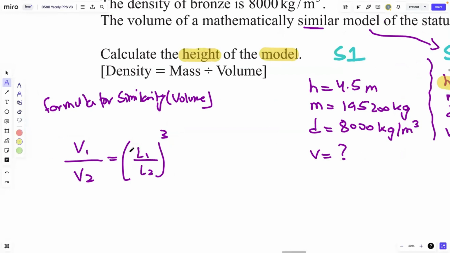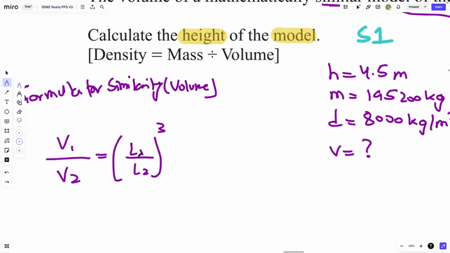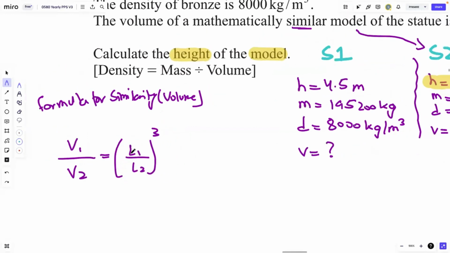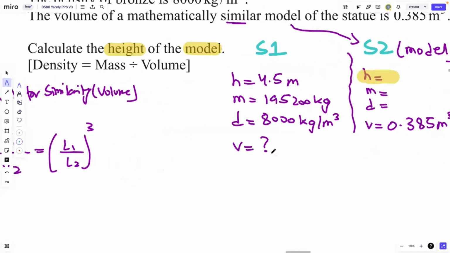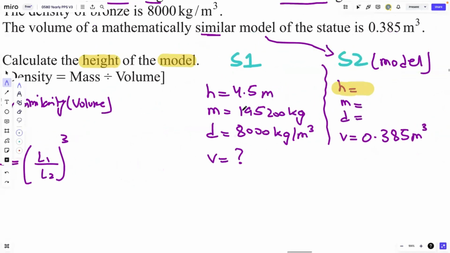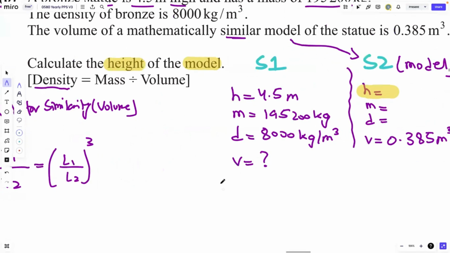We need both the volumes so we can figure out the height. Height in this case would be the length that you're using. So that is why we need to find this volume. In order to find it, we have a basic formula: density is mass over volume.